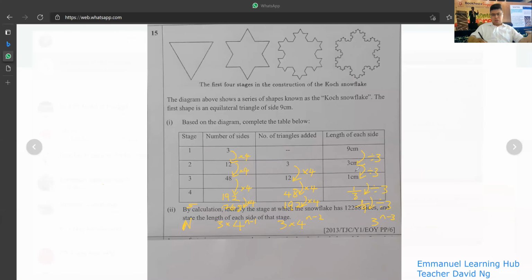I don't want a 1 over 9. So I take the reciprocal, so that it makes a 9. Because I got 1 over 9, I take the reciprocal to make it into a 9. Okay, this is my vaccine.